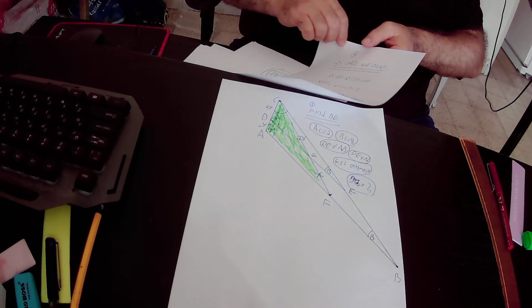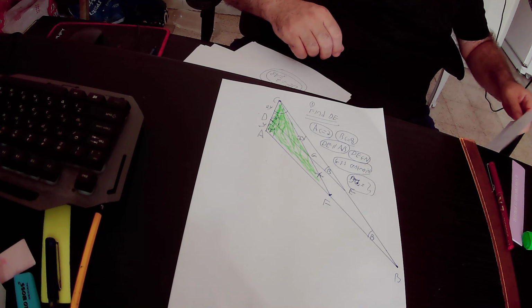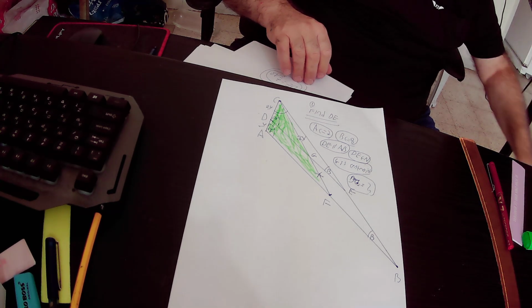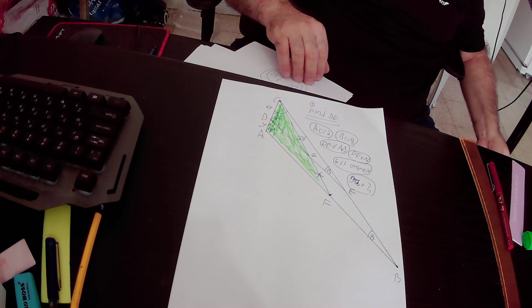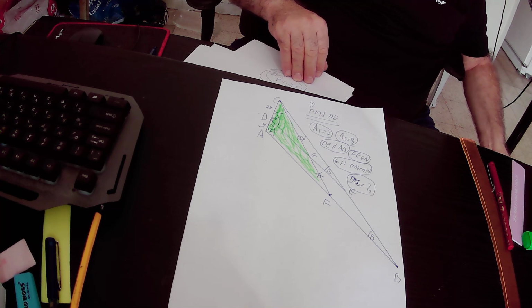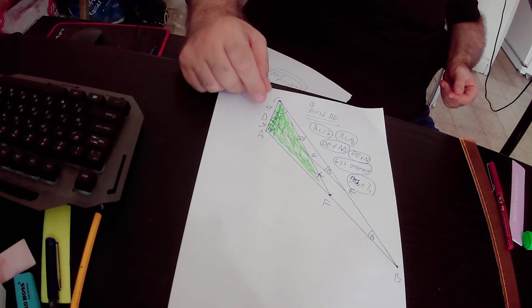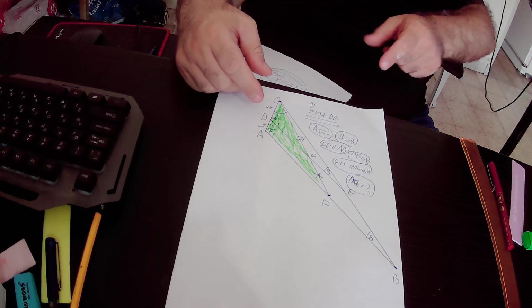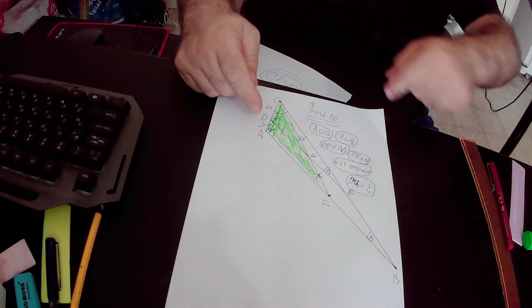Okay, so from the fact that triangle ABC is similar to triangle CDE, we can conclude that CD over AC equals DE over AB.